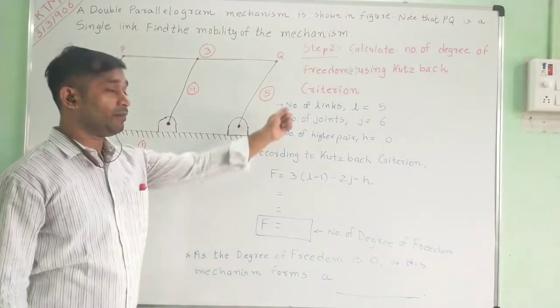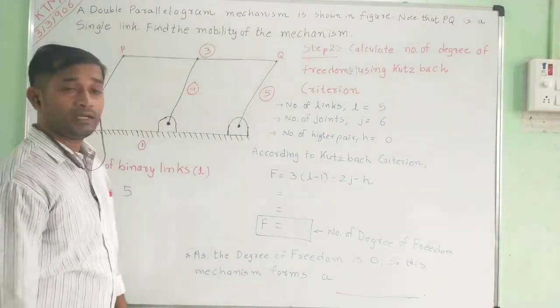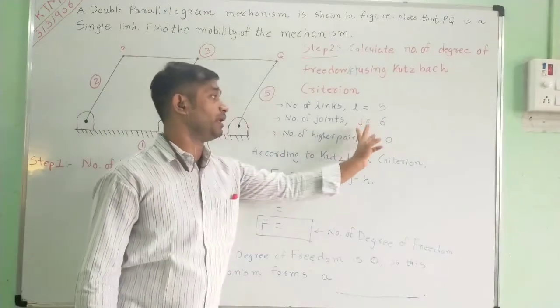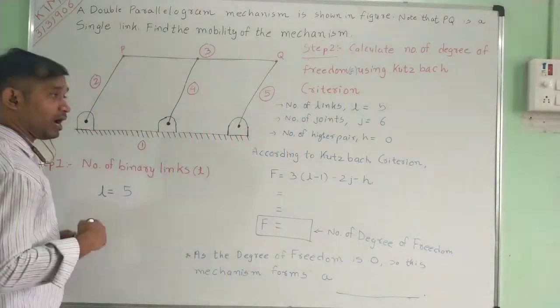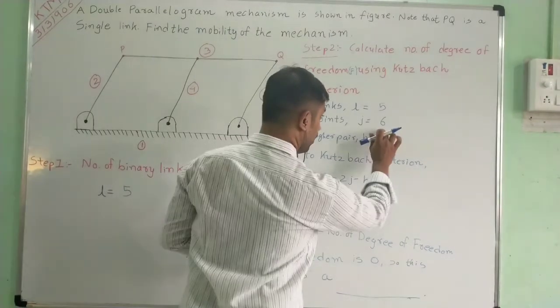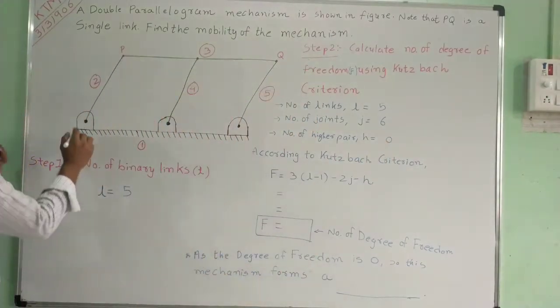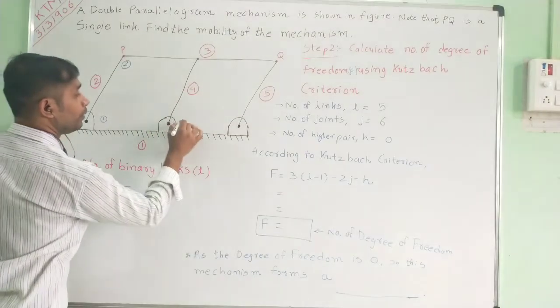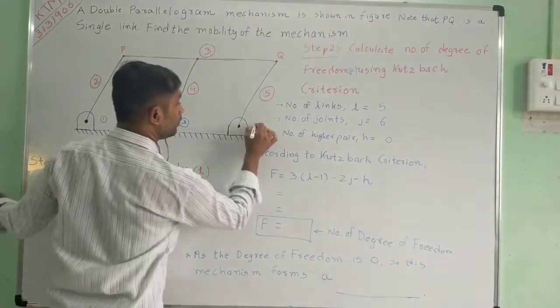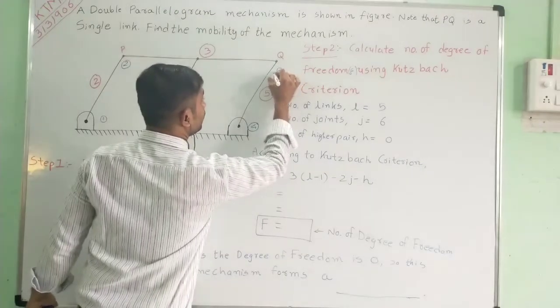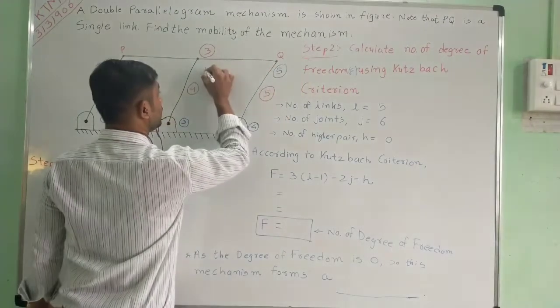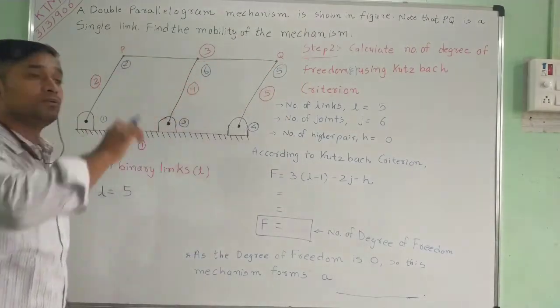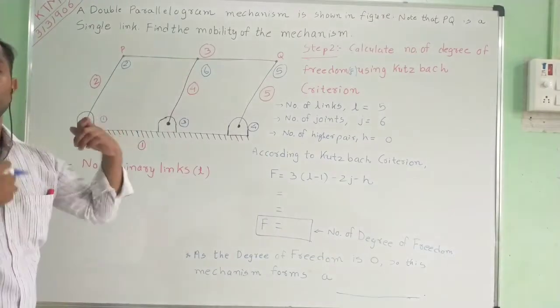So first, the number of links L is 5, and the number of joints J is equal to 6. How 6? Here, number 1, 2, 3, 4, 5 and number 6. But many students consider this a ternary joint.